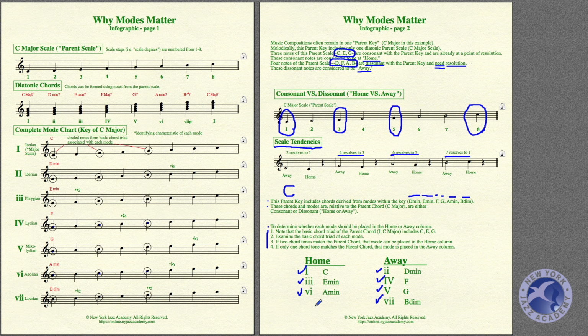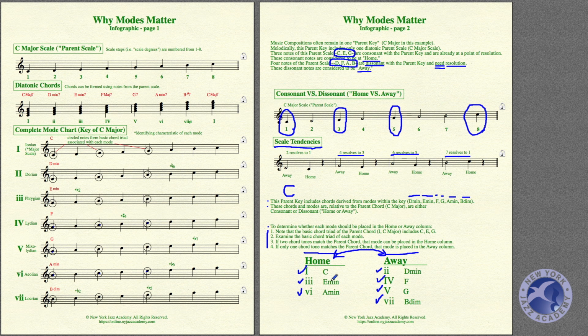You're going to see in future lessons that mixing these sets of chords with these sets of chords gives you a ton of different options, and most music, in chord progressions and in melodies, is dealing with some form of home moving to away, and then some form of away moving back to home.